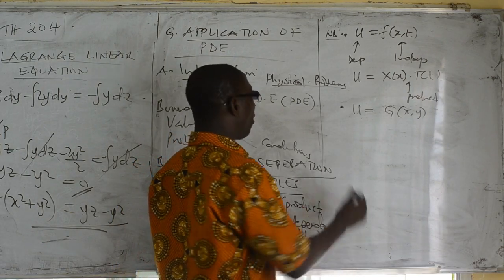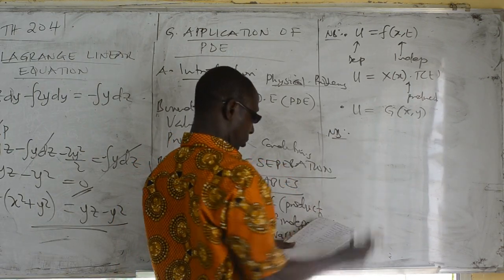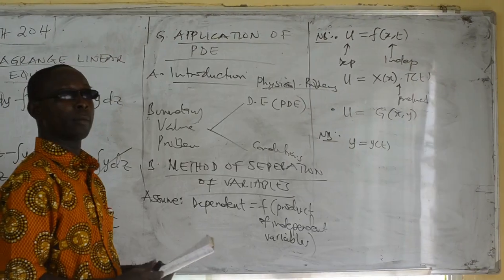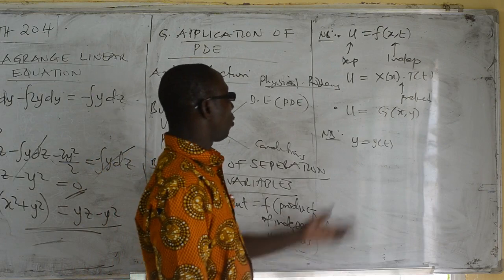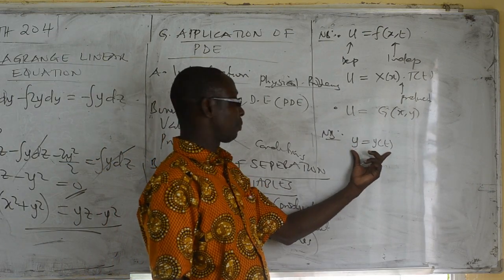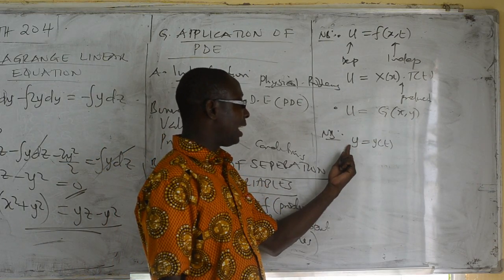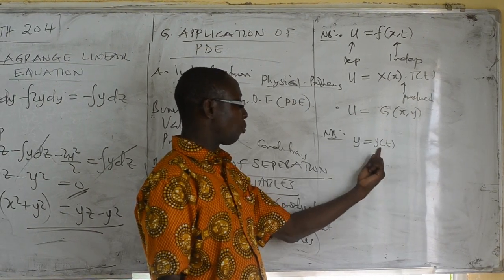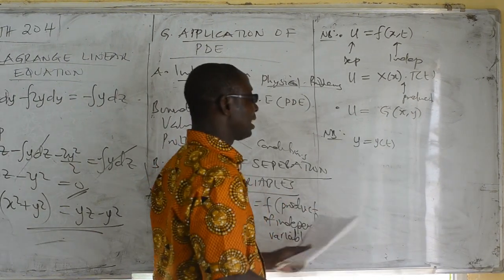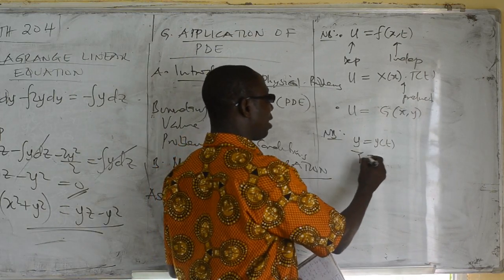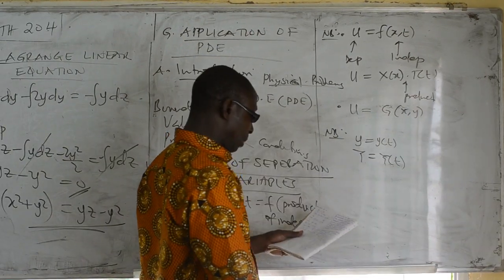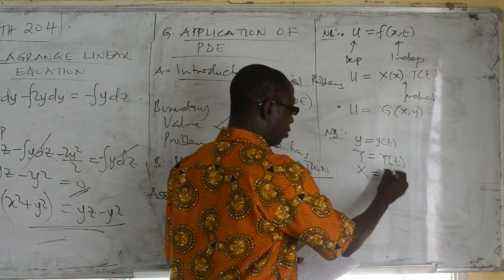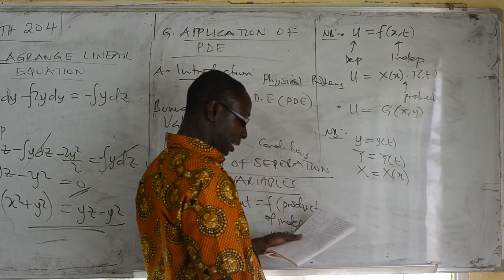But before that, also note that when I write y is the same as y is a function of t, look at this, small letter y, small letter y. So anytime I write capital X, I can also write it as capital X of x if I want to write it in terms of x.